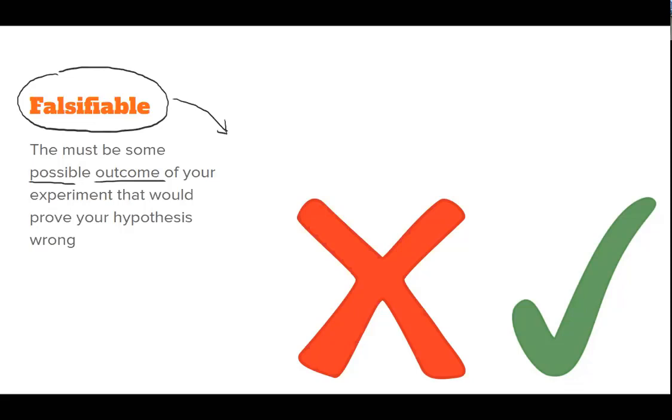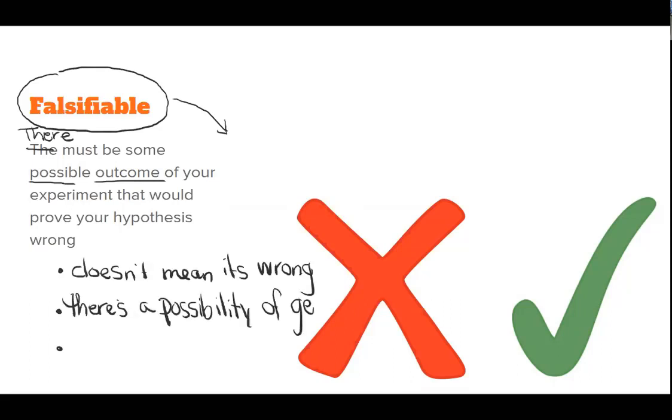I could keep talking faster and faster, and no matter how fast I talk, Francis just won't cry. That is a falsifiable hypothesis. There is some possible outcome to my experiment that would prove my hypothesis wrong. So it doesn't mean it's wrong. It just means that it's not absolutely for sure 100% right. So there's a possibility of getting results that prove the hypothesis wrong.